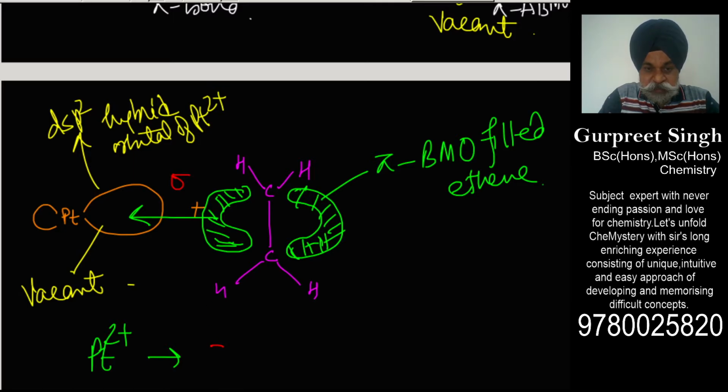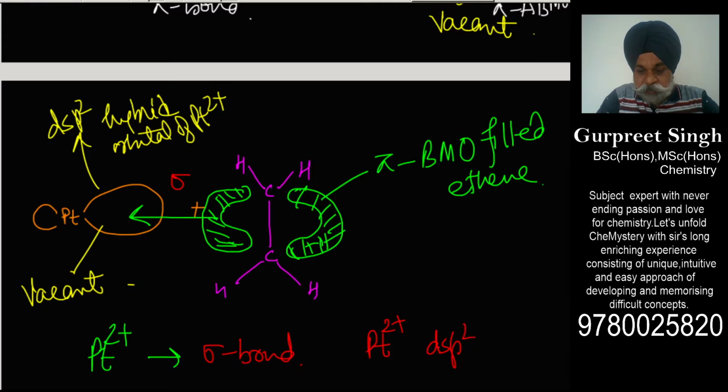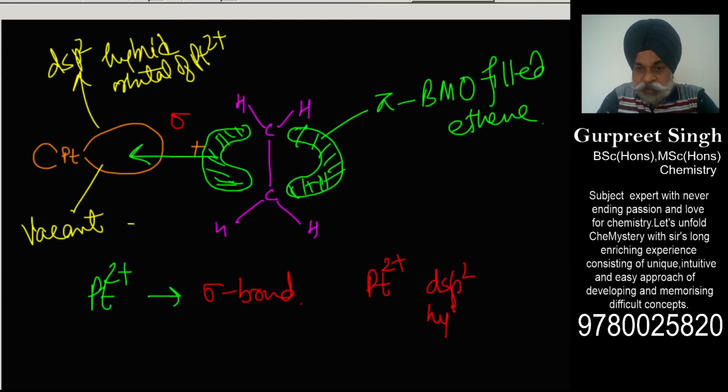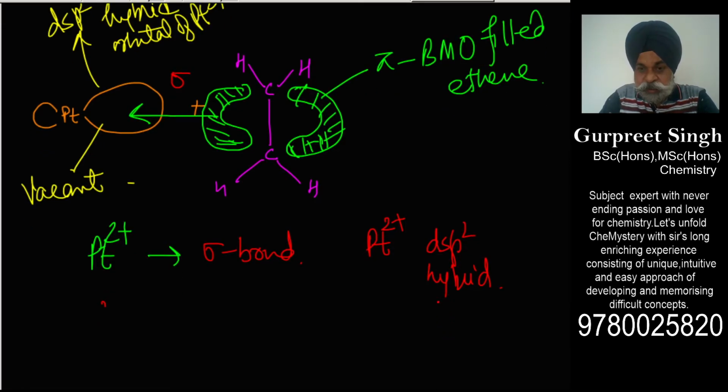We will say this is a sigma bond between the dsp2 hybrid orbital of platinum 2 positive, which is an accepting orbital accepting the pi electron density of ethene. Since the hybrid orbital is receiving the electron density, we say dsp2 is a sigma acceptor orbital.